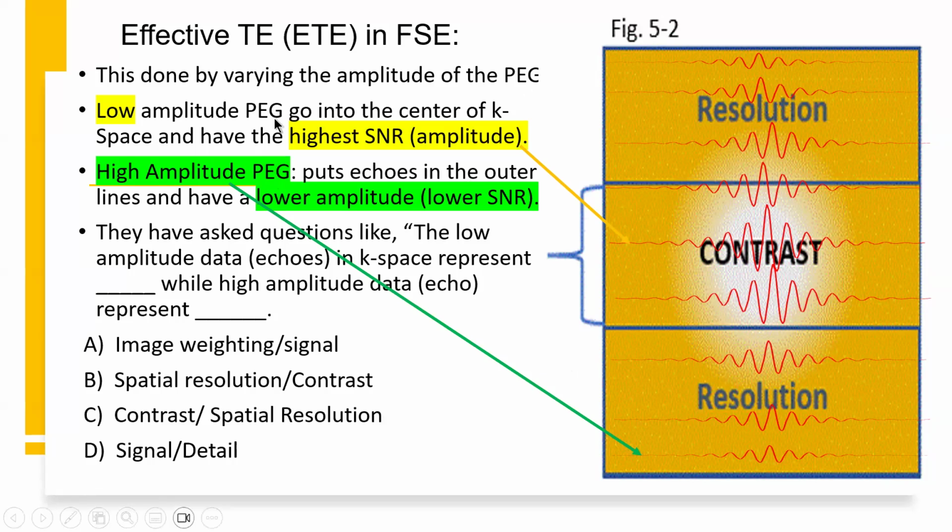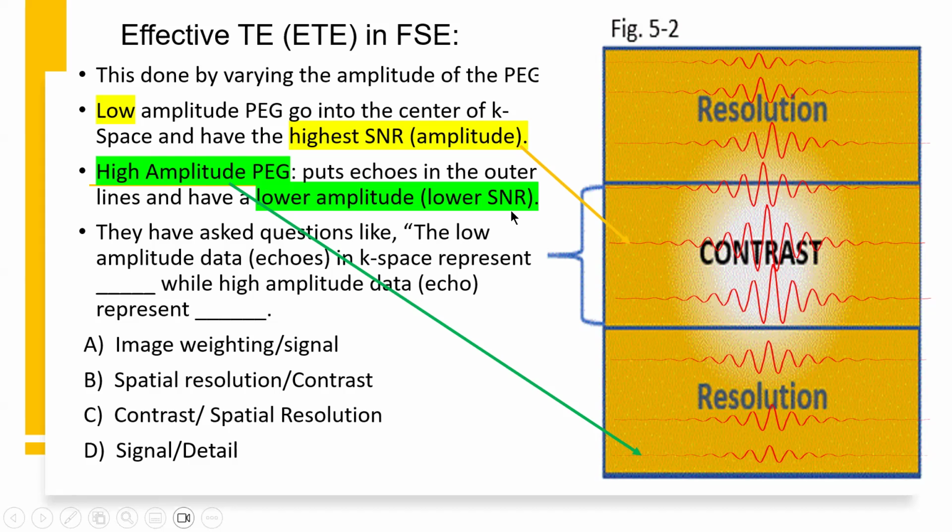It's going to cause things to dephase worse. So a low amplitude phase encoding gradient puts stuff in the center of K-space, and you get the highest amplitude echoes. A high amplitude phase encoding gradient puts them in the edges of K-space, and because it screws things up a lot more, you get lower amplitude signal.